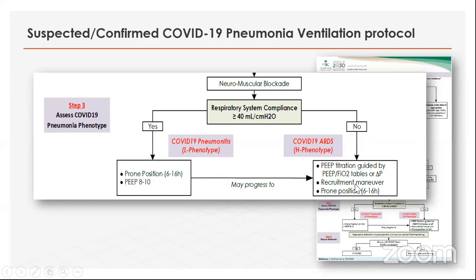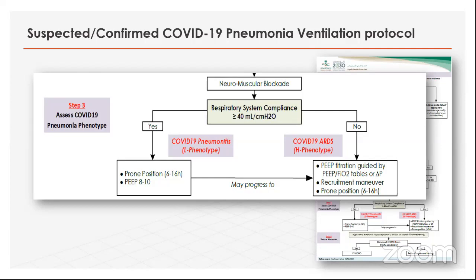So we'll use it also for 6 to 16 hours. And here, based on the compliance, we'll decide on the PEEP. On the L type, we will not touch it, as it is non-PEEP responsive. But in H type, it is PEEP responsive. So we'll titrate the PEEP using either the PEEP-FiO2 table, or driving pressure, or recruitment-to-inflation ratio, use of an esophageal balloon, whatever tools you have, the PV curve or the P/V tool on the Hamilton G5.